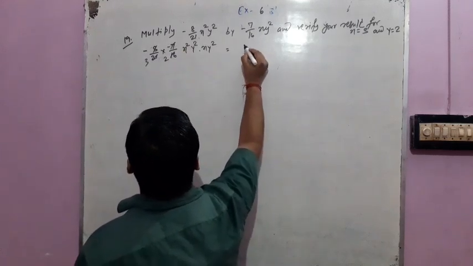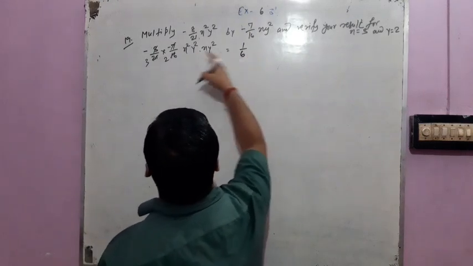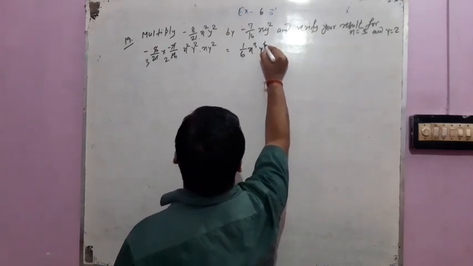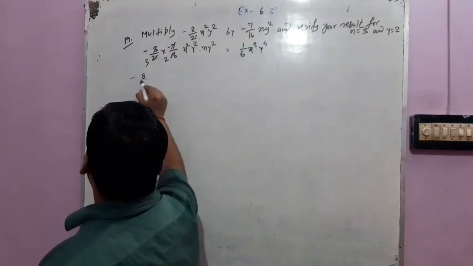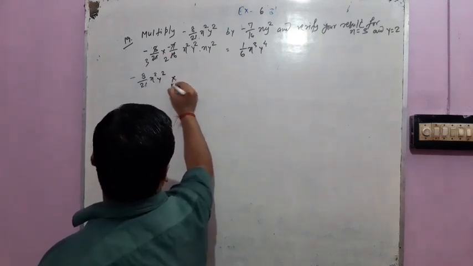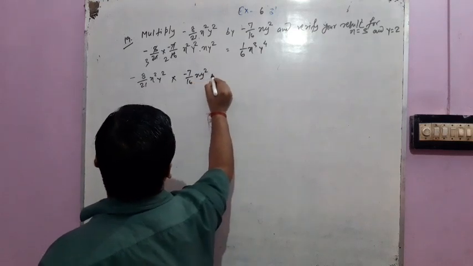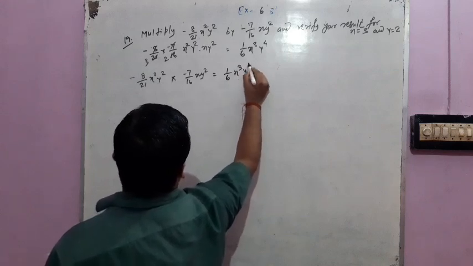So when we multiply we will get minus minus plus here, 3 sixes here, and x cube here, and y to the power 4. So students, if we multiply minus 8 by 21 x square y square with minus 7 by 16 xy square, then the product is 1 by 6 x cube y to the power 4.